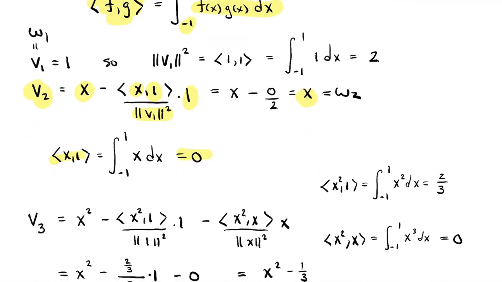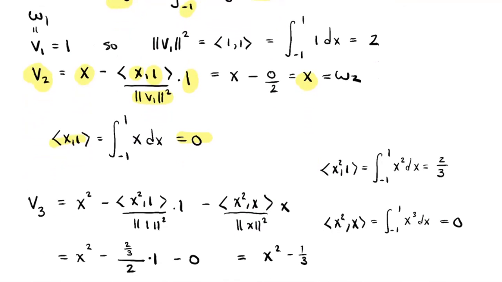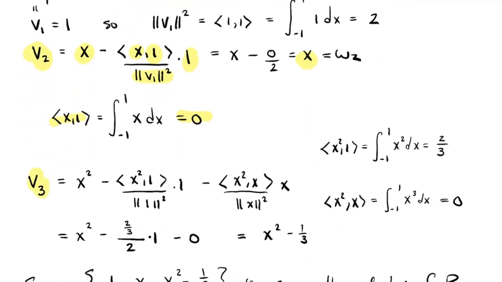How do we calculate V3? Well, V3 is W3, and then you take the inner product of W3 with V1 over the length of V1 squared times V1, subtract the inner product of W3 with V2 over the length of V2 squared times V2. Okay, so we've had to compute those things.